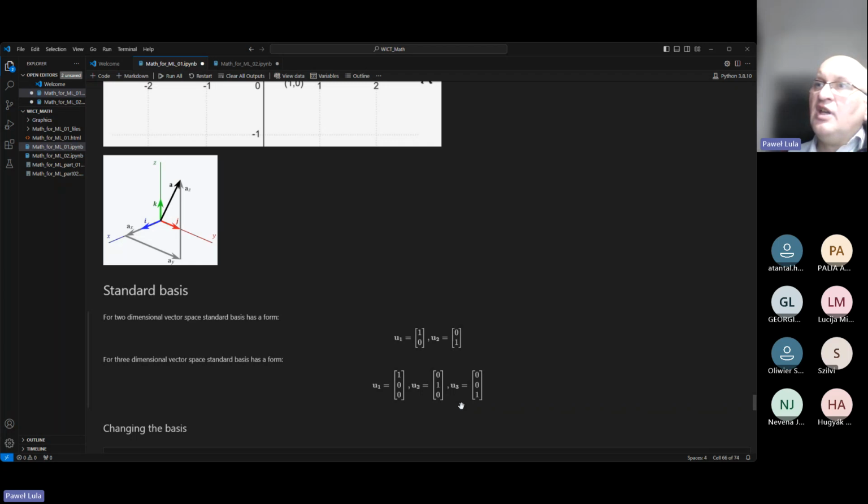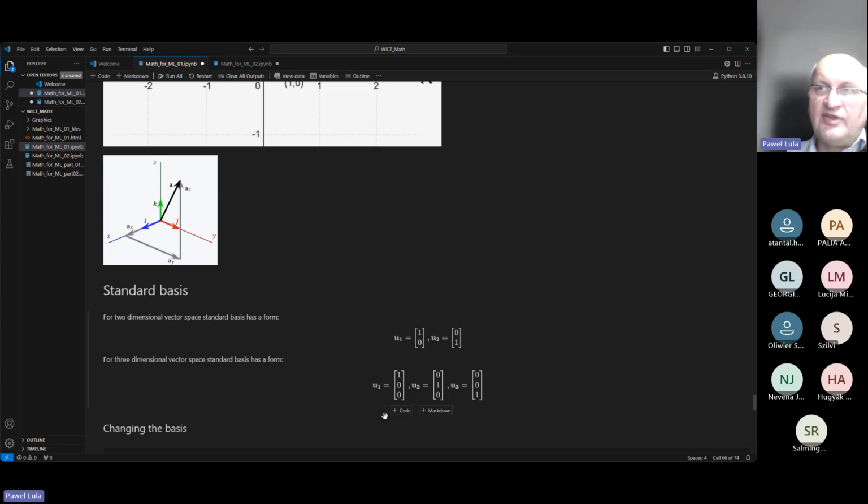But in every case, we will have unit vectors with values equal to 0 and with one value which is on the first, on the second, and in the last vector on the last position. So it is a set of a standard basis. And we use automatically this standard basis.